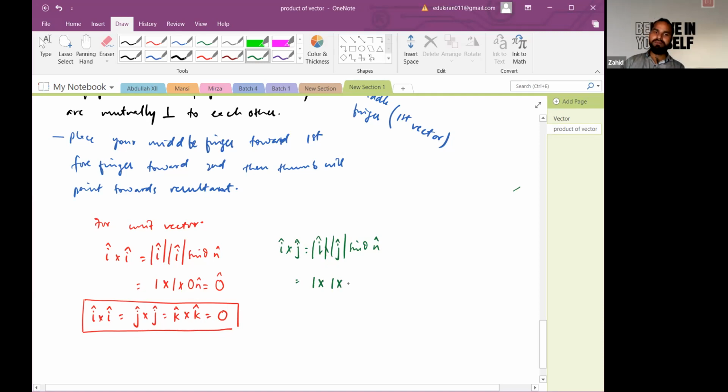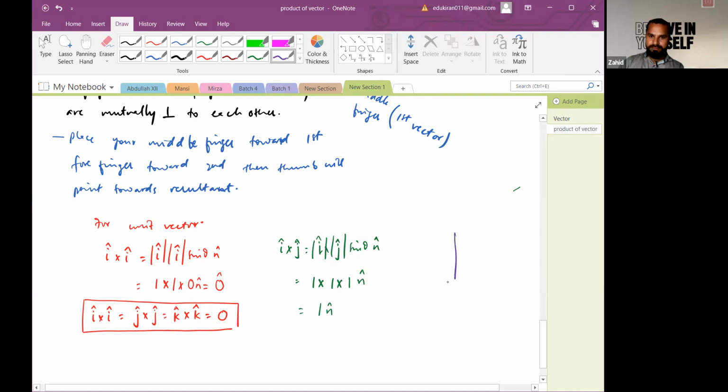So sine 90 will be 1 times n cap. So this will give you 1 times n cap. It means there should be a unit vector which must be perpendicular to both x and y.